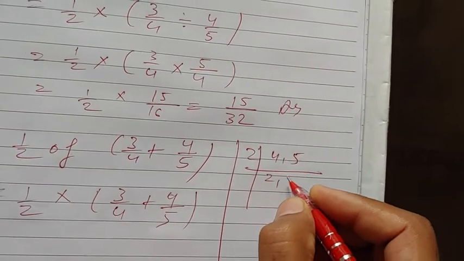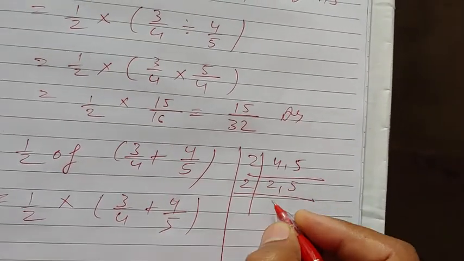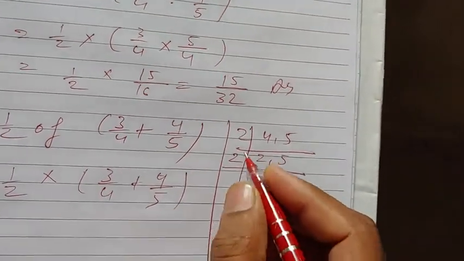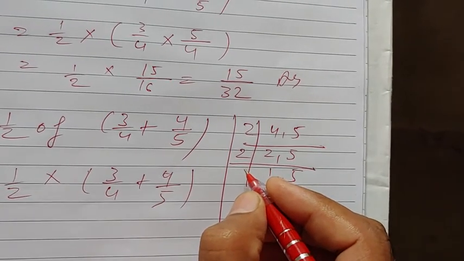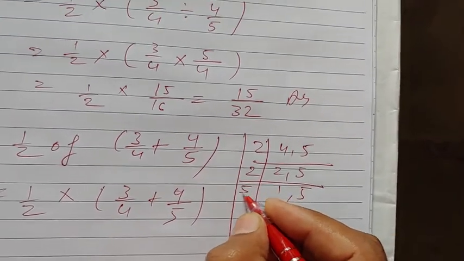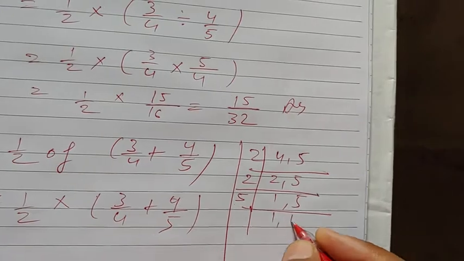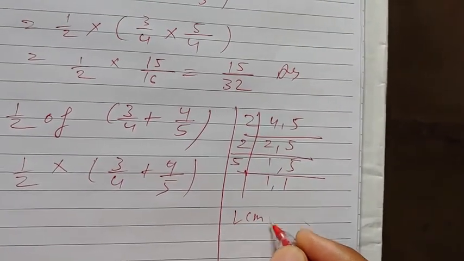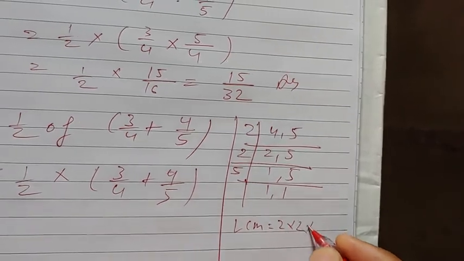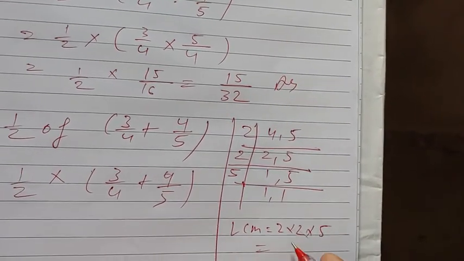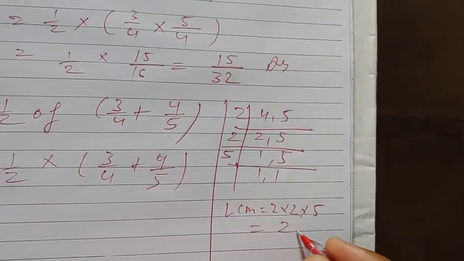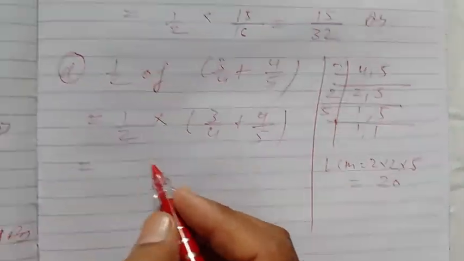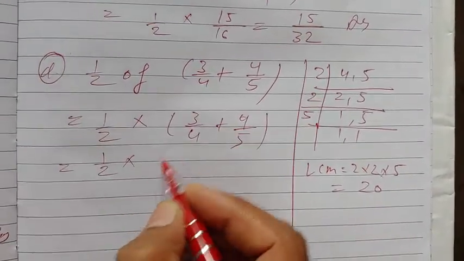2 twos are 4, and 5 is added; 2 ones are 2, and 5 ones are 5. So what is our LCM? The LCM is 2 cross 2 cross 5, which is 20. So we will write 20 here.